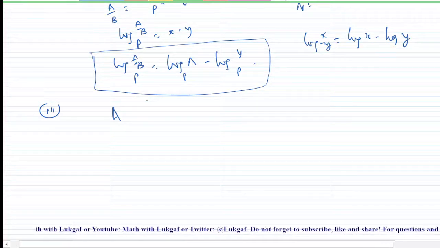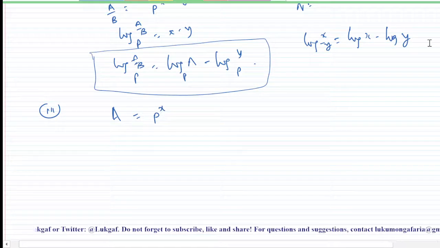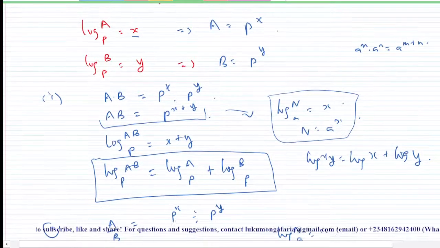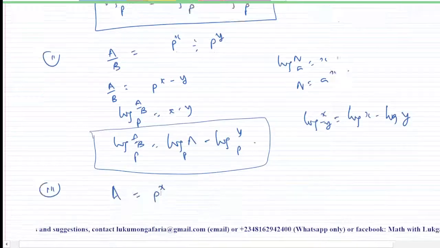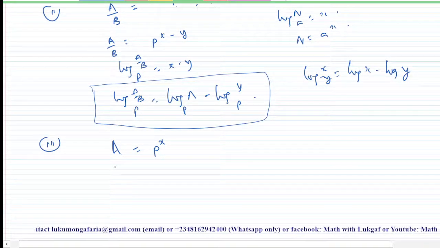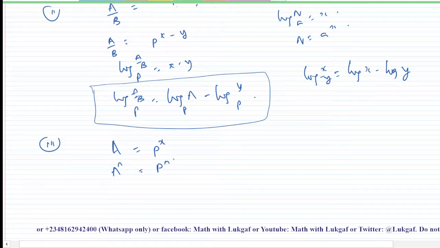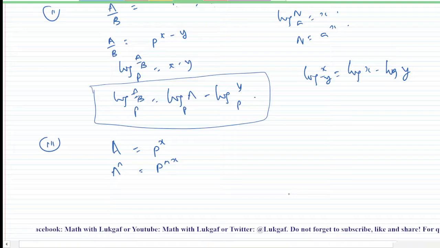To make it more clear, remember that your A is P raised to power x, based on what I wrote above here. So if your A is P raised to power x, then let's say I introduce n to the power of both sides, then I'm going to have A^n is equal to P^(nx).